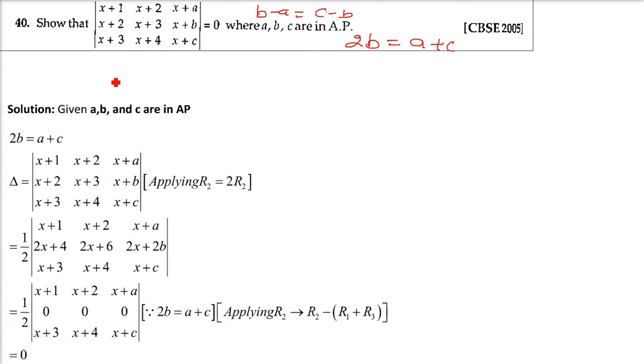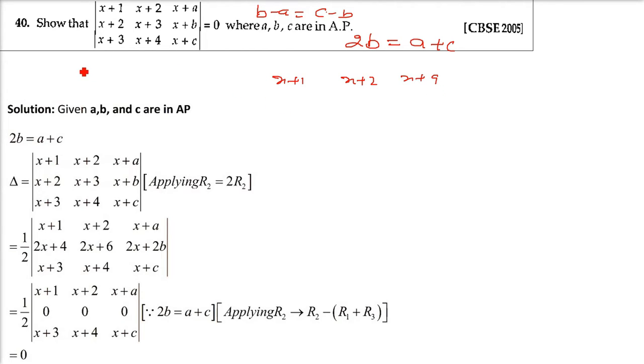The main key behind solving this kind of question is that there are two tricks. First, you have to multiply the middle row by 2. You will just know why we are doing it. So we will multiply the middle row with 2. x plus 1, x plus 2, x plus a is there.